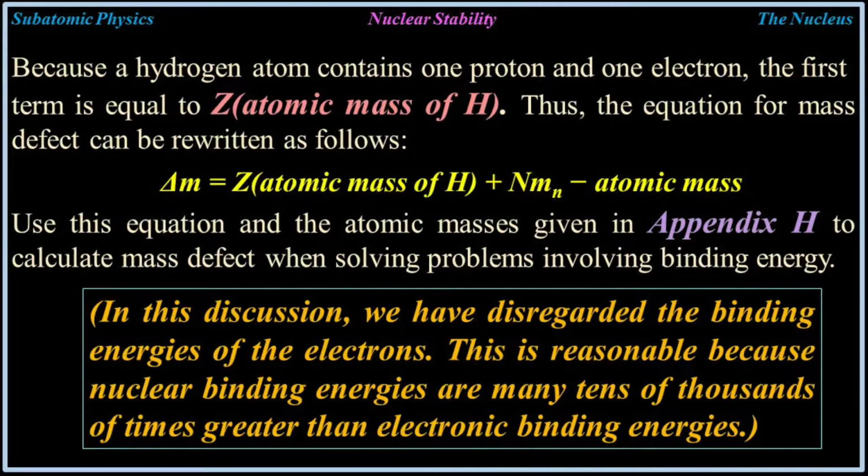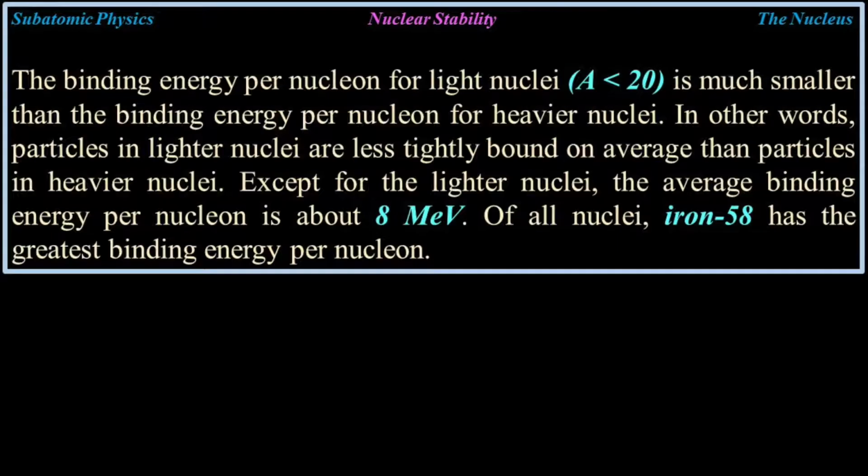Use this equation and the atomic mass given in Appendix H to calculate mass defect when solving problems involving binding energy. In this discussion, we have disregarded the binding energies of the electrons. This is reasonable because nuclear binding energies are many tens of thousands of times greater than electronic binding energies.